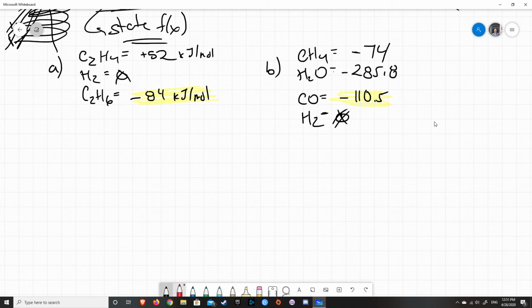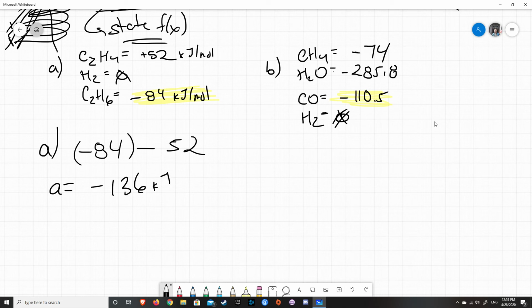For A, delta H of our products is negative 84 minus 52. Our final answer, negative 84 minus 52, is going to be negative 136 kilojoules per mole.